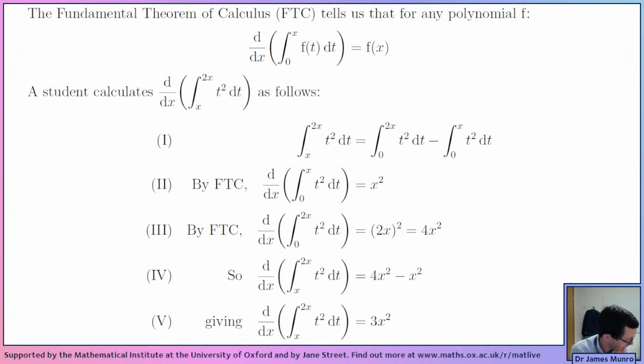Like the student has done some contiguous range trick at the top there. Worth looking at. That's that line that's labelled I, step 1. It's true, and it's maybe a good trick that you could use. It's a bit like the thing I said right at the start about indefinite integration and definite integration with an x as a variable at the top.